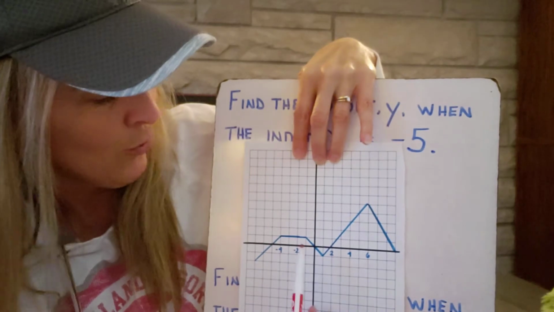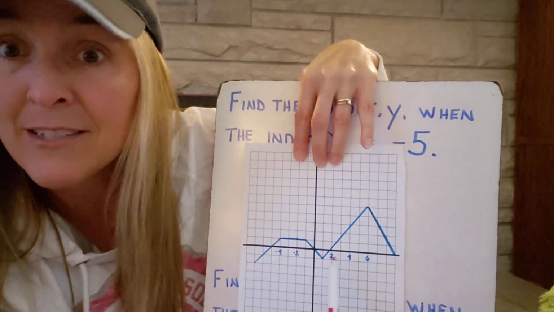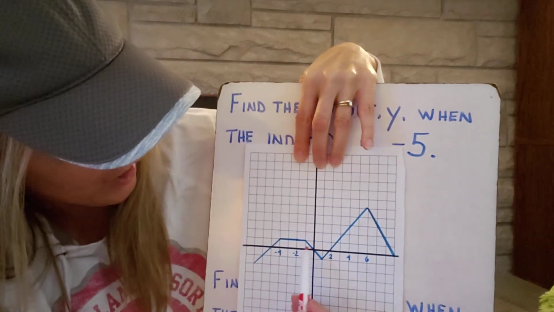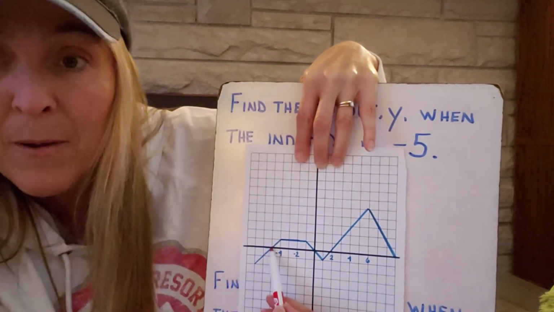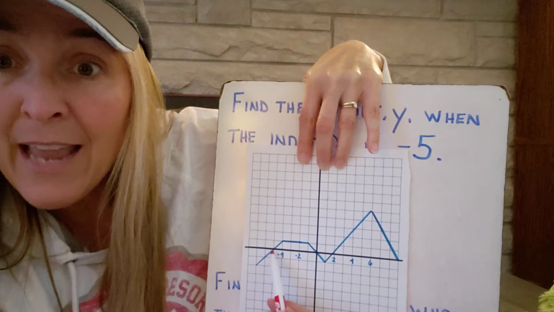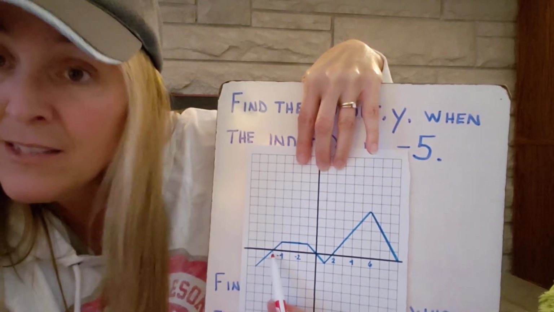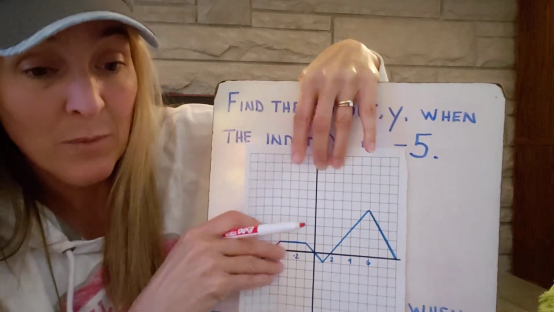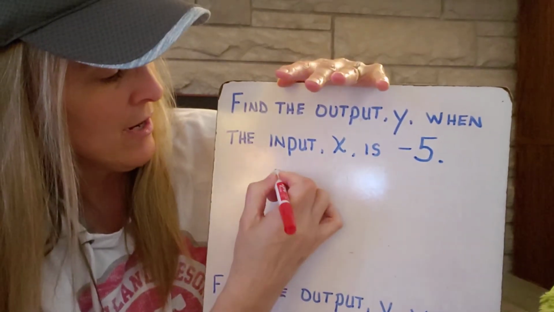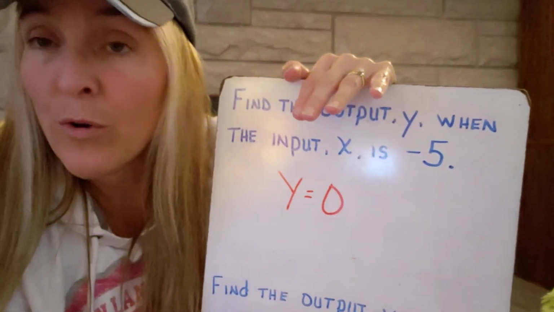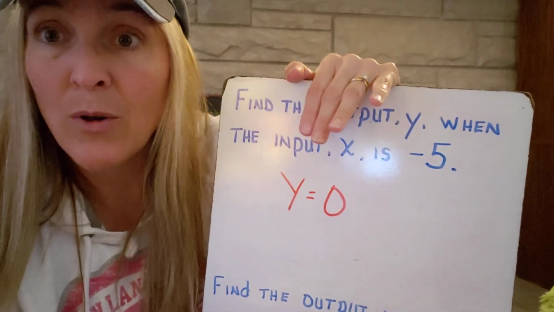All you have to do on your x-axis is go to negative 5. Right there, when x is negative 5, y is 0. So they simply want you to put y equals 0. If they want it in ordered pair form, you would put 0, comma 0.